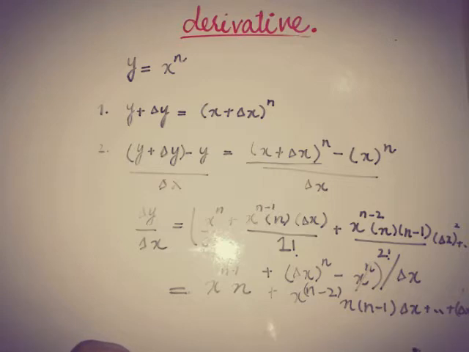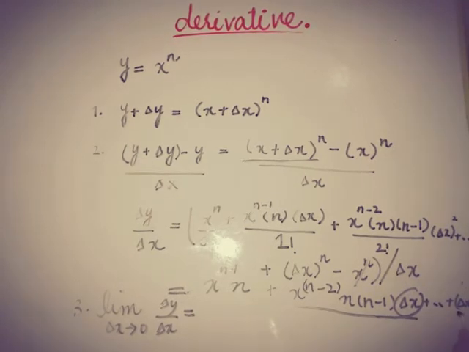So the third step is the limit. As delta x approaches 0, every other term contains delta x, so we are left with only this expression, x^(n-1) times n.